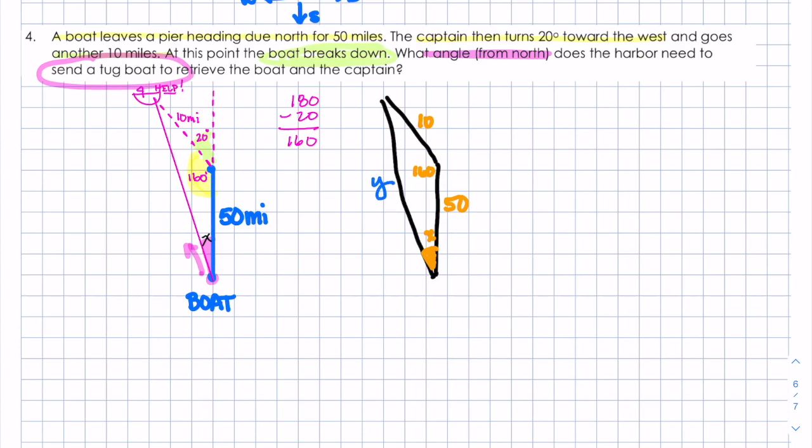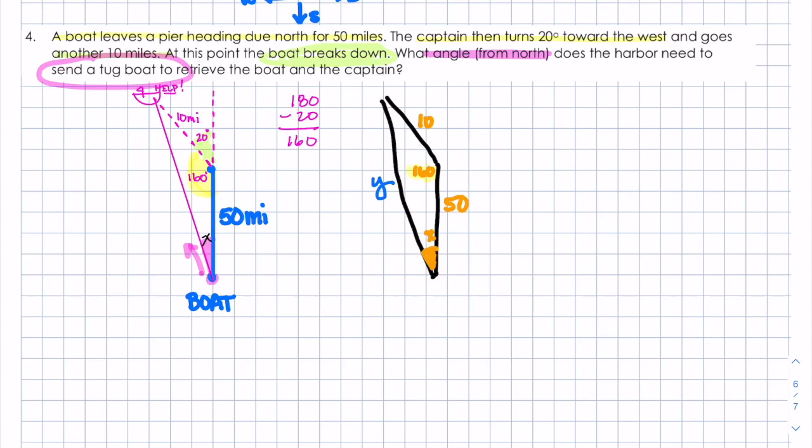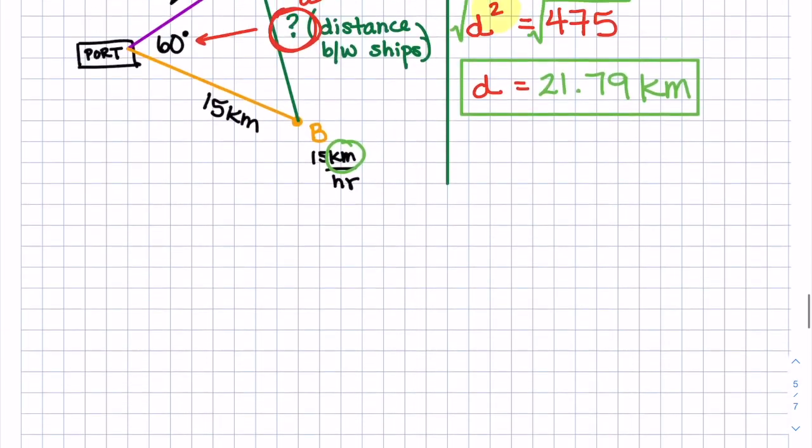And notice I could use the law of cosines to figure out that missing side. Also notice that this angle would be linked to this side. So I'm going to say y squared is equal to 10 squared plus 50 squared minus 2 times 10 times 50 cosine 160.